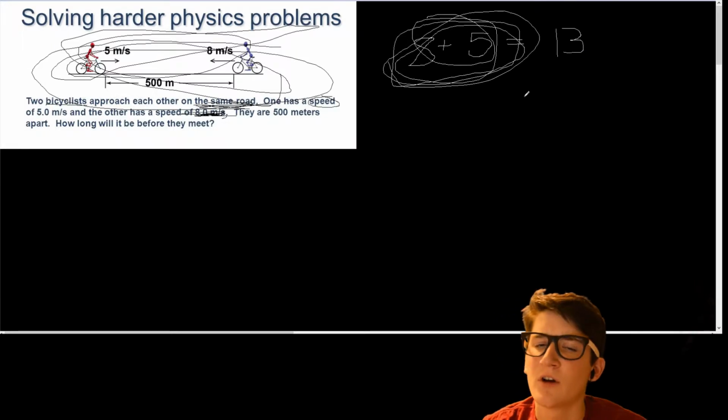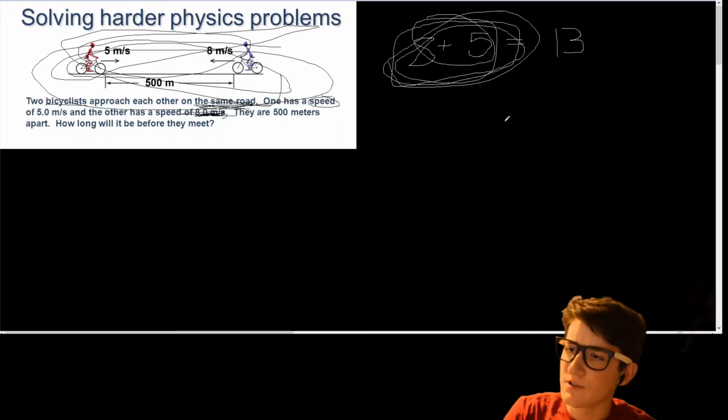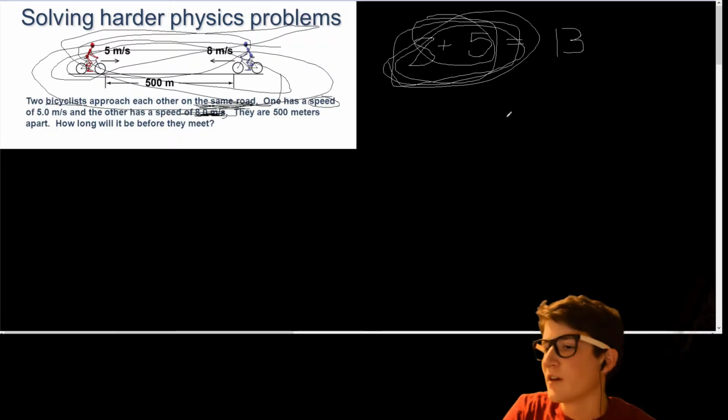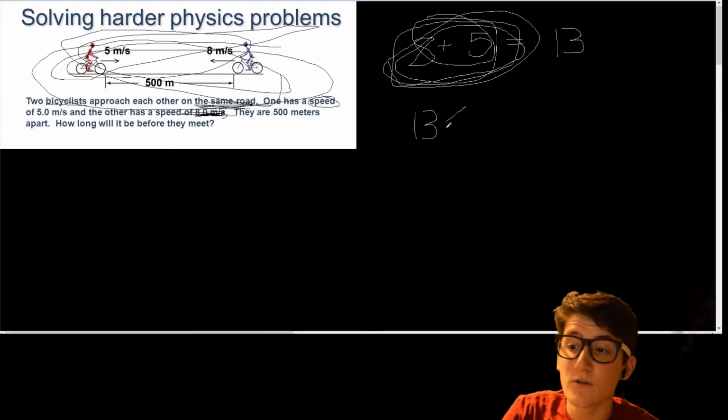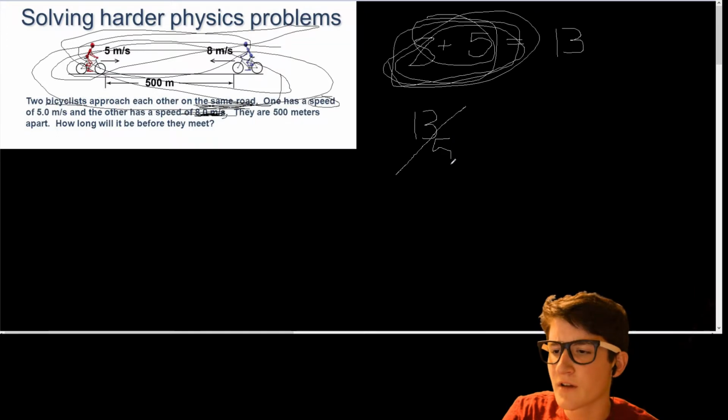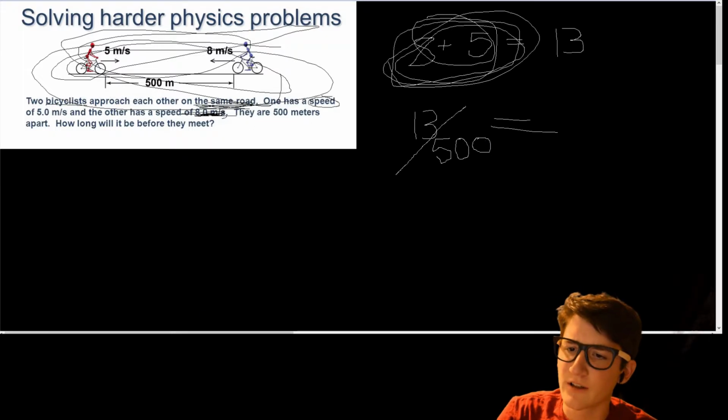Now, I want to emphasize this part. This is the part that most students get wrong, okay? Now what you do is you write 13 over 500 equals, okay, now whip out that calculator again.